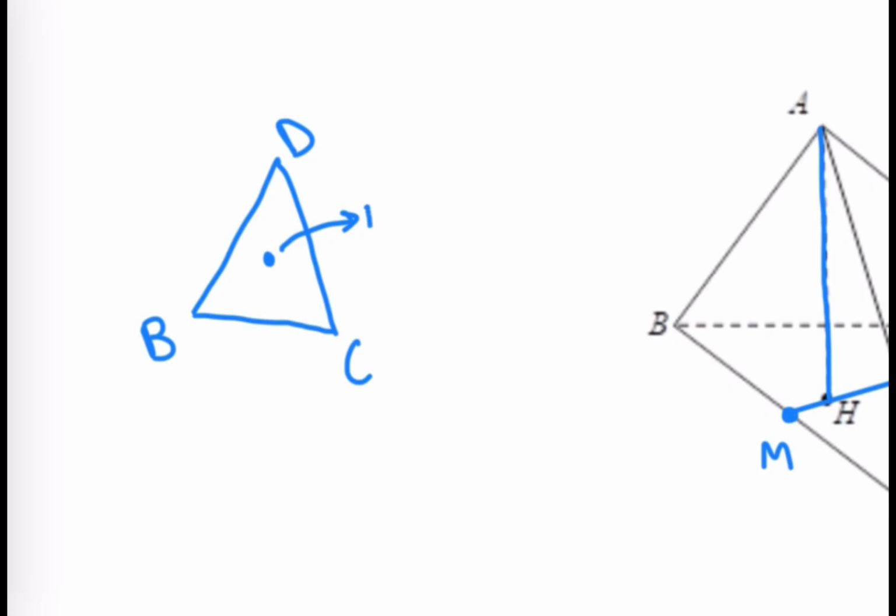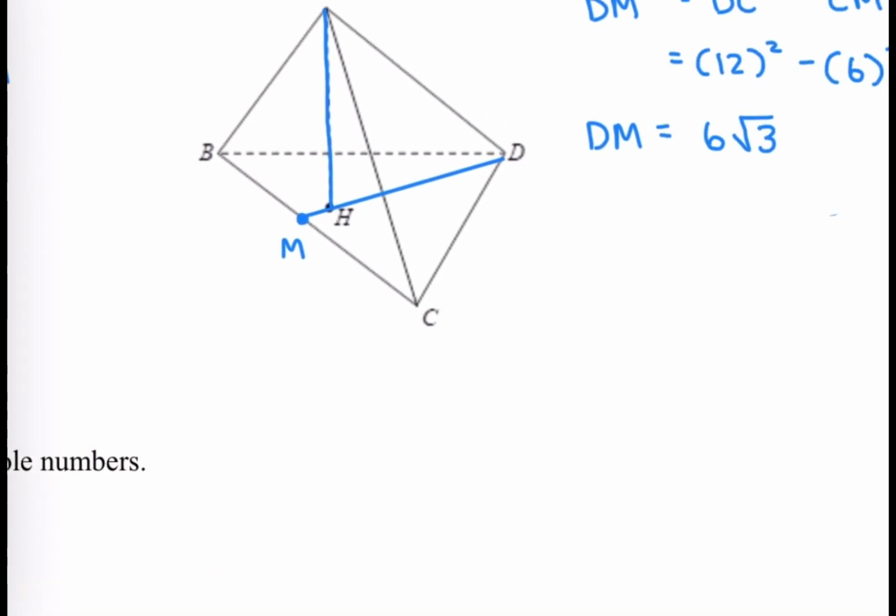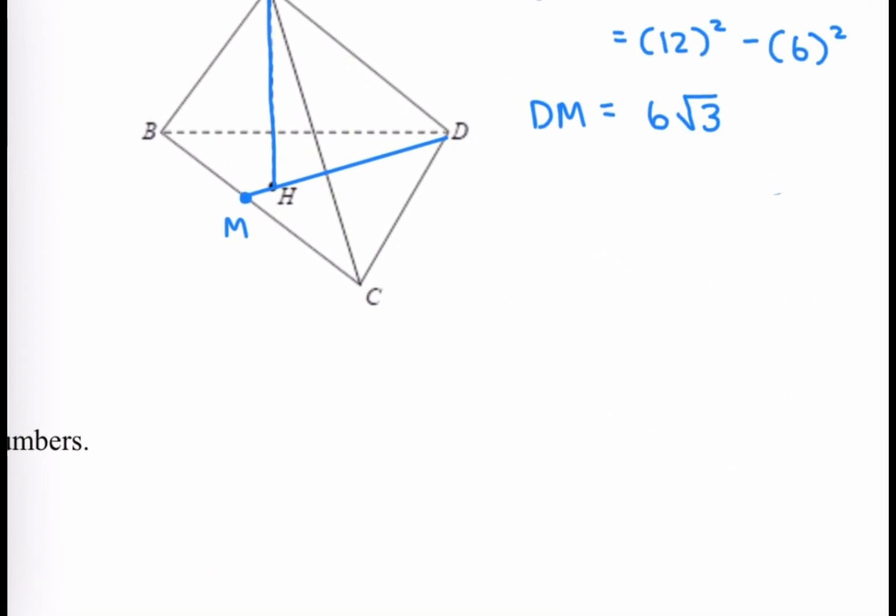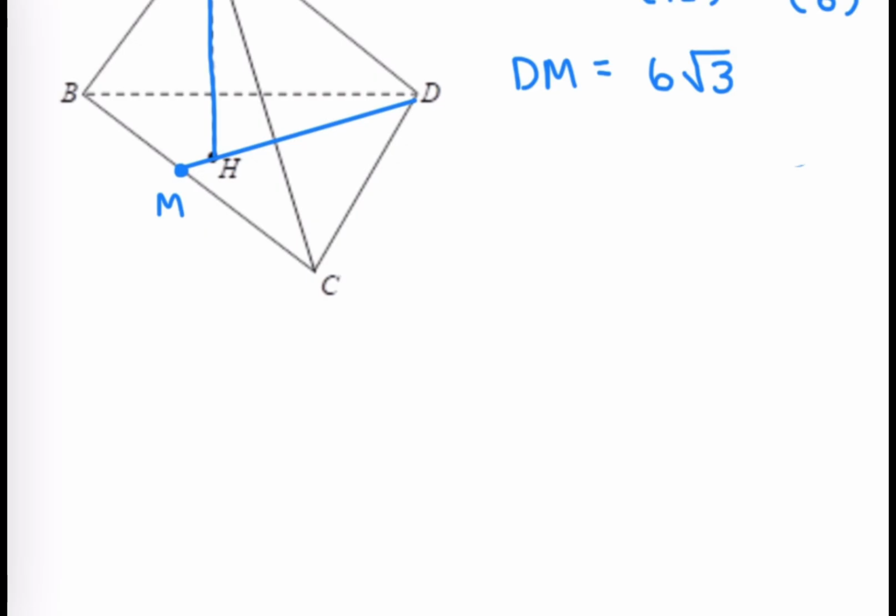This is H. So H is right in the middle of this base triangle. So that means that all the distances to H are the same from each side. Okay, so now what I'm going to do is find DH. So there's a rule that DH is equal to 2 over 3 of DM.